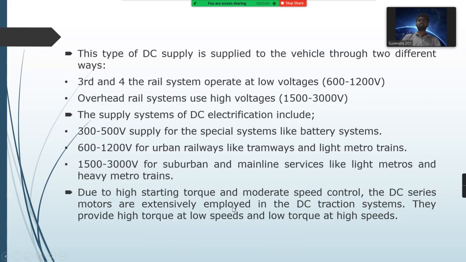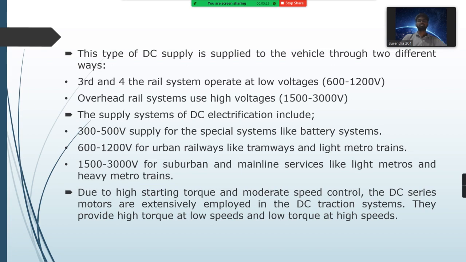This type of DC supply is supplied to the vehicle in two different ways: third rail and overhead systems. Third rail systems operate at low voltages, 600 to 1200 volts, and overhead systems use voltages of 1500 volts to 3000 volts.